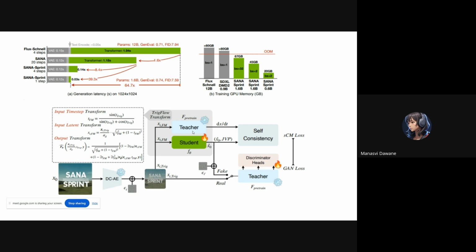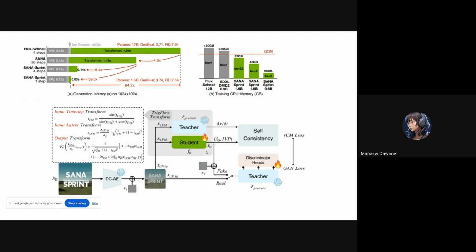Then let's see this part. The input here is X in FM, so noisy latent in flow match format. The teacher is frozen, and the output we get here is dx/dt. This is the velocity direction of the denoising, and it knows the right denoising direction at every time step.